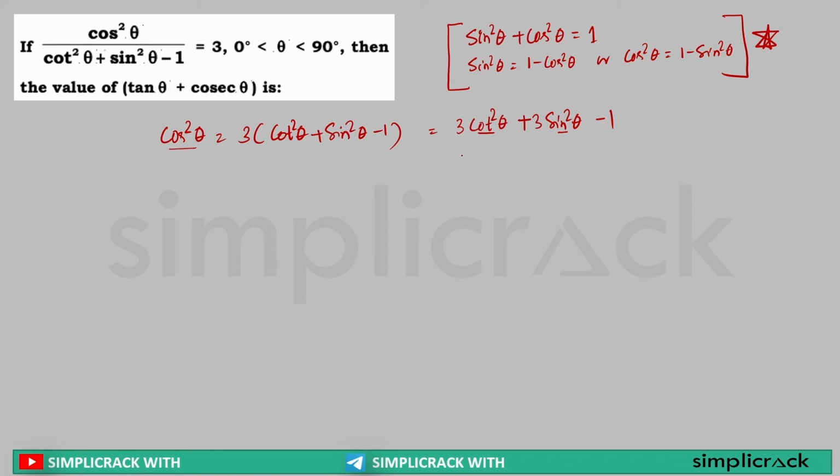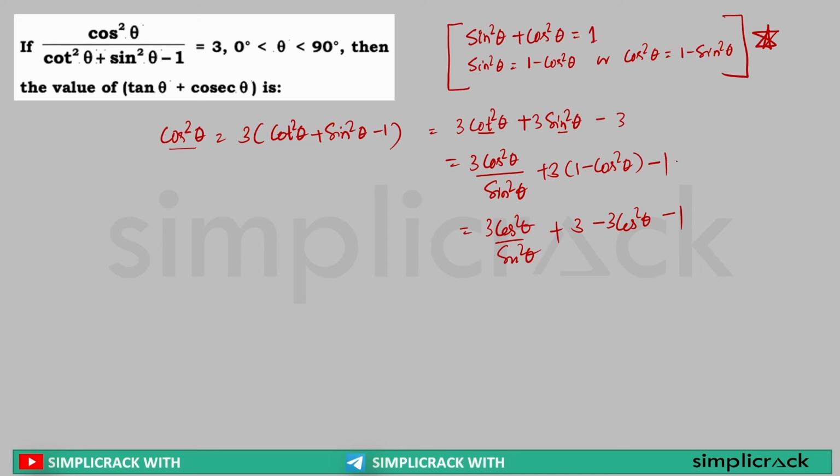Here 3 cot square theta can be written as 3 cos square theta by sin square theta, plus 3 into sin square theta, which is 1 minus cos square theta, minus 3. Sorry, here it is minus 1 into 3, which is minus 3. My bad, I missed this part because 3 has been multiplied with this whole thing.